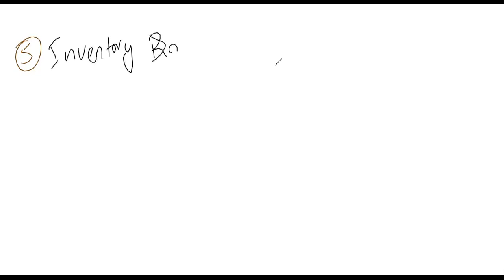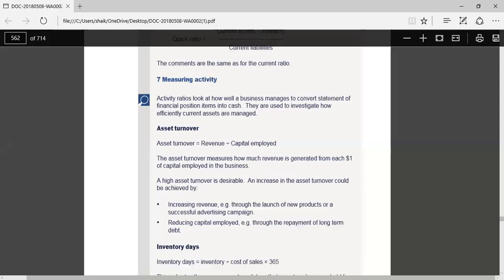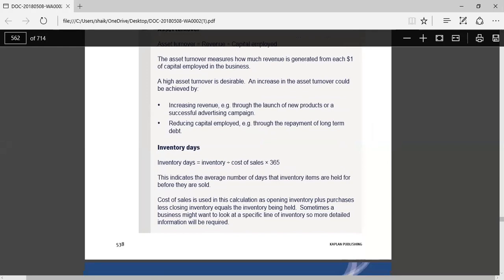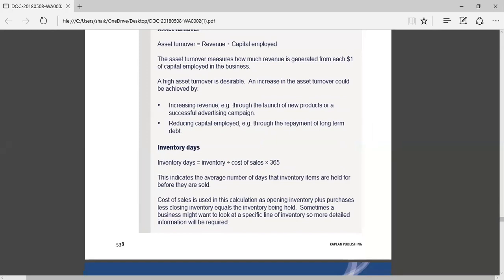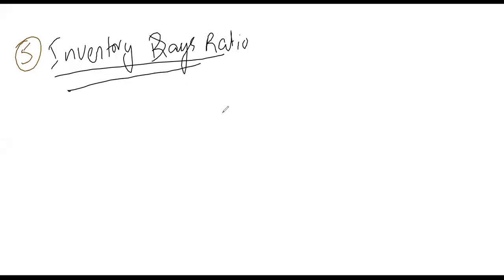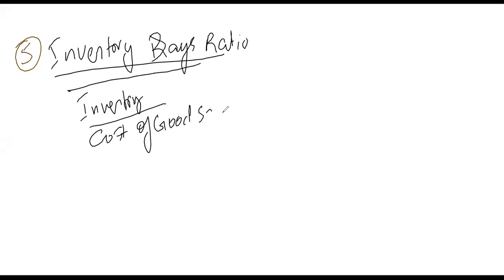How do we calculate it? It is very easy: inventory divided by cost of goods sold, multiplied by 365. Remember, as the name suggests, it's a days ratio. So we divide the closing inventory by cost of goods sold and multiply by 365.